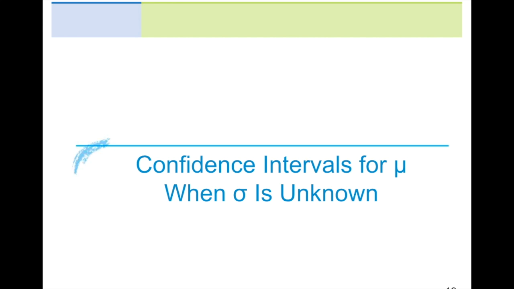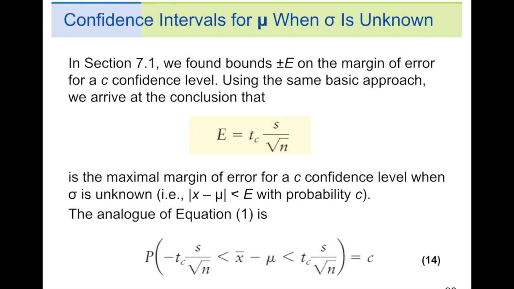Confidence intervals for mu when sigma is unknown. In Section 7.1, we found bounds plus or minus E on the margin of error for a c confidence level. Using the same basic approach, we arrive at the conclusion that E equals t sub c times s over the square root of n is the maximal margin of error for a c confidence level when sigma is unknown, i.e., the absolute value of x bar minus mu is less than E with probability c.